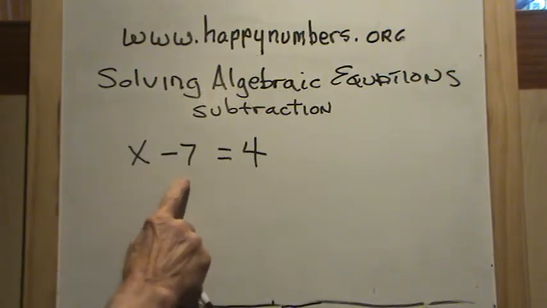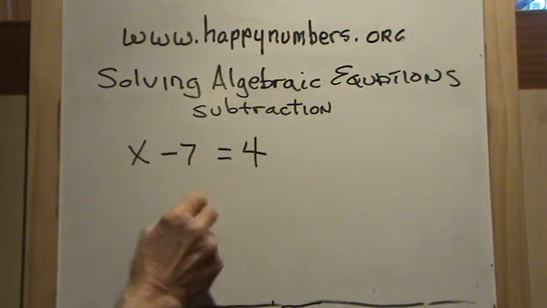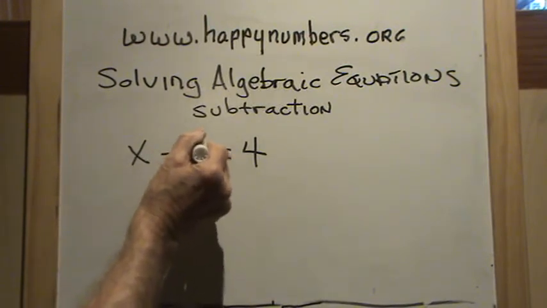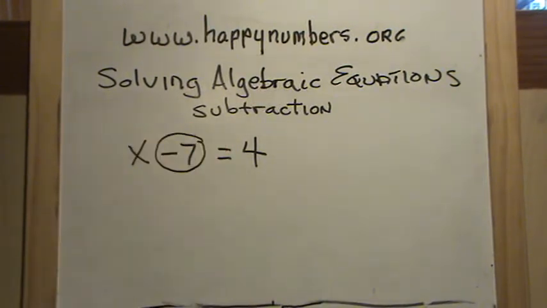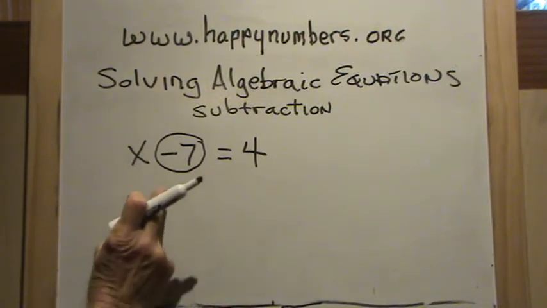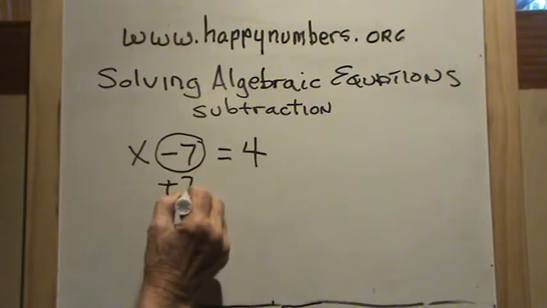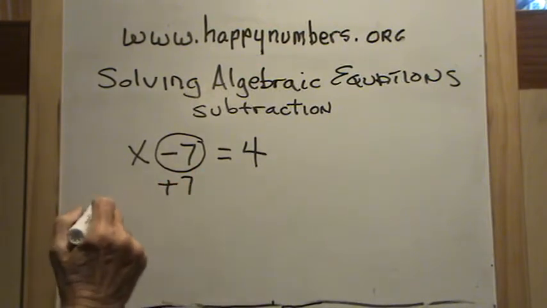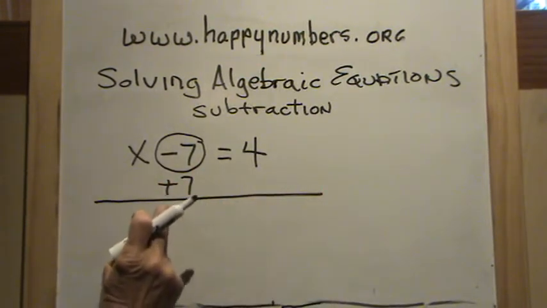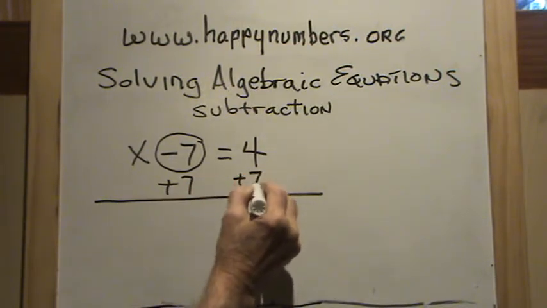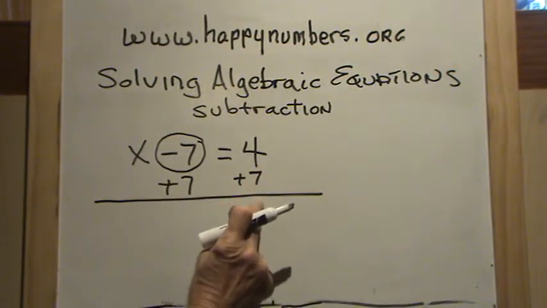X minus 7 is equal to 4. Well, I have to get x by itself, so I need to get rid of this negative 7. I know that the inverse operation is positive 7. And I can do whatever I want to one side as long as I do it to the other side.